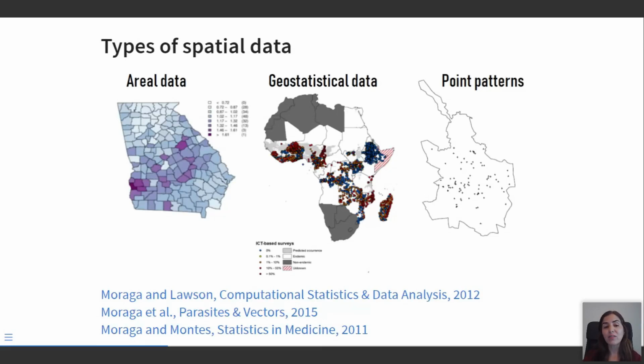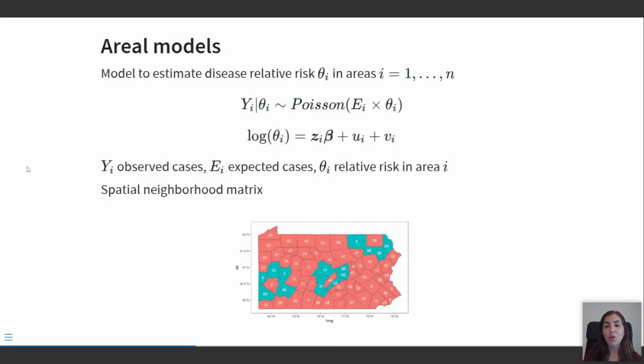Our objective is to predict the risk of the disease in each of these areas. We can use models that allow us to include covariates to quantify risk factors, and also random effects to account for residual variations such as spatial autocorrelation.